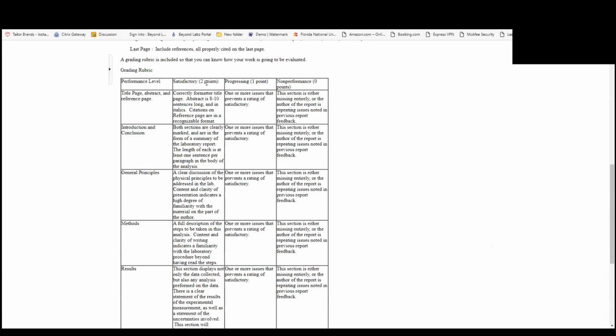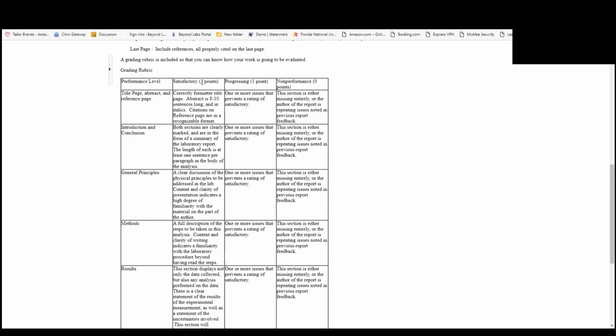In my case, I am grading this over 100. So every section will count for 20 points. The maximum per section would be 20 points.